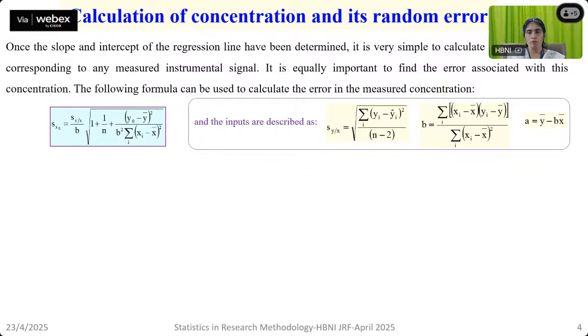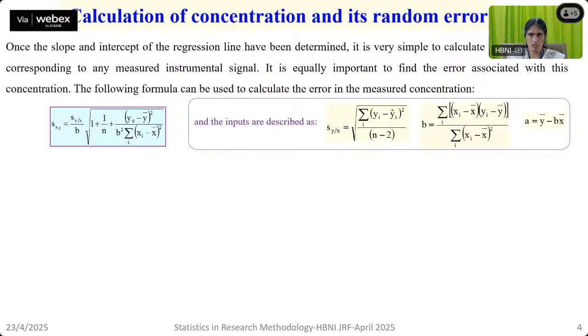It is very important to find the error associated with the concentration, so that you can appreciate whether the value obtained from an experiment is usable further. The uncertainty or error in the measured concentration is calculated via the equation shown in the blue background, and the input parameters are all defined.